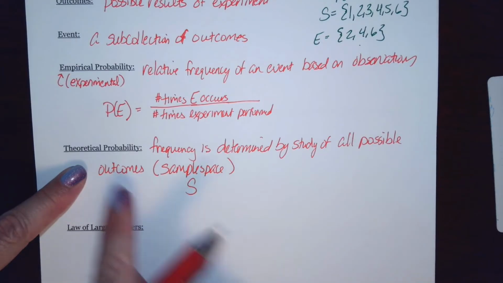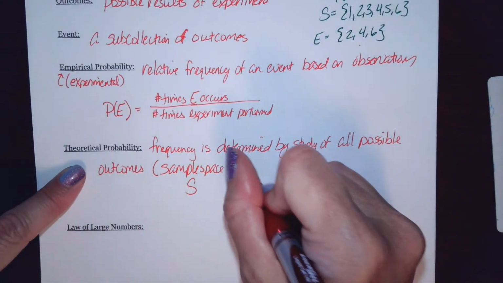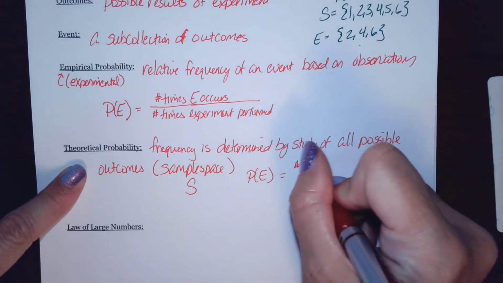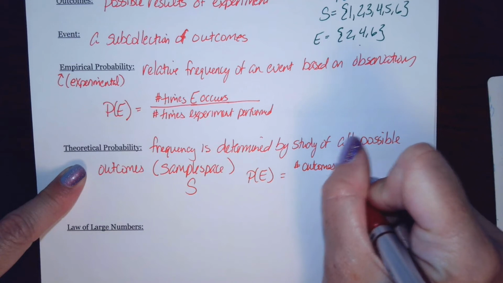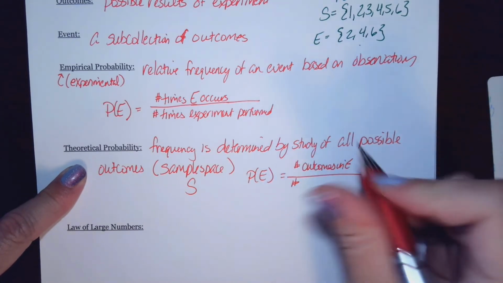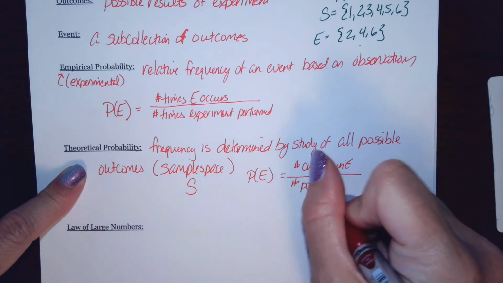If I'm dealing with theoretical probability, my ratio looks like the number of outcomes in E compared to the number of possible outcomes.